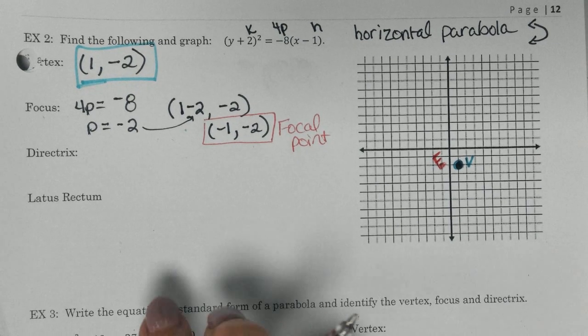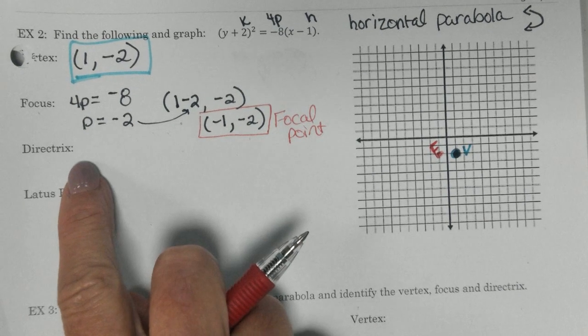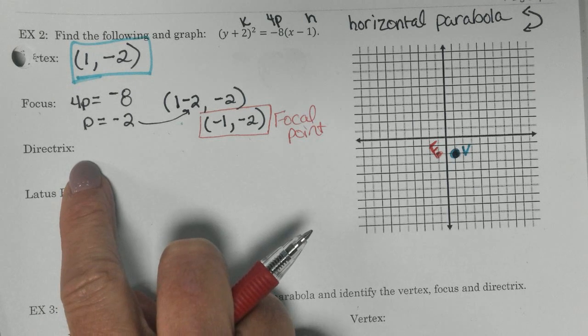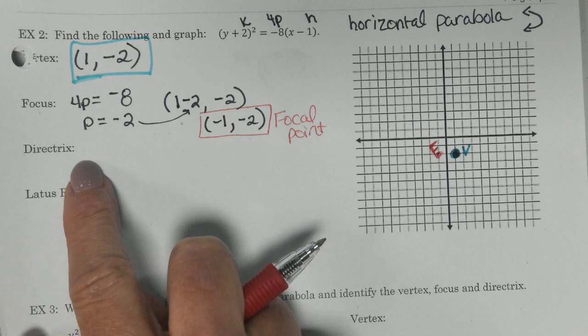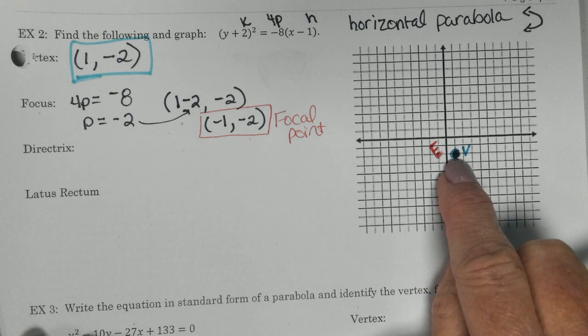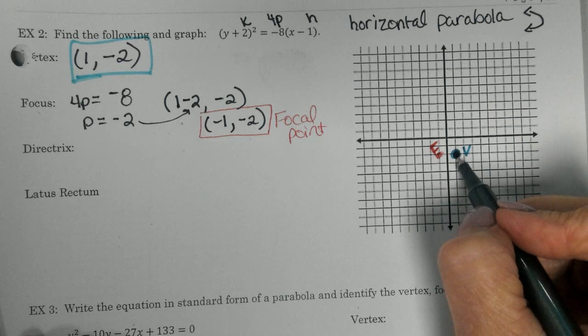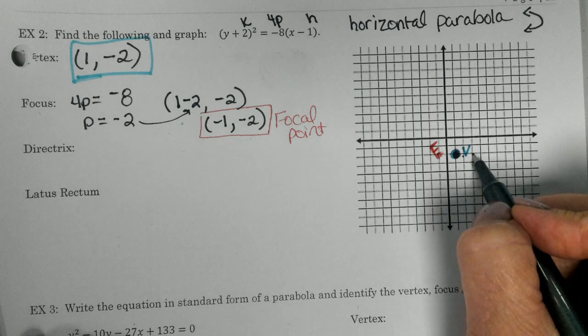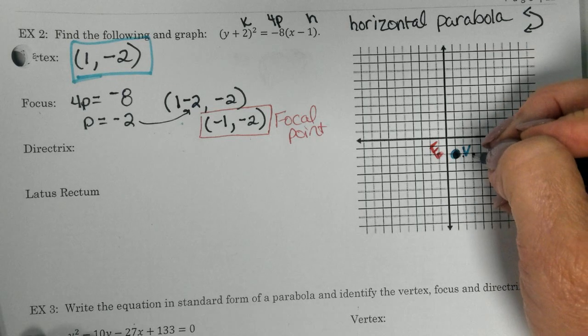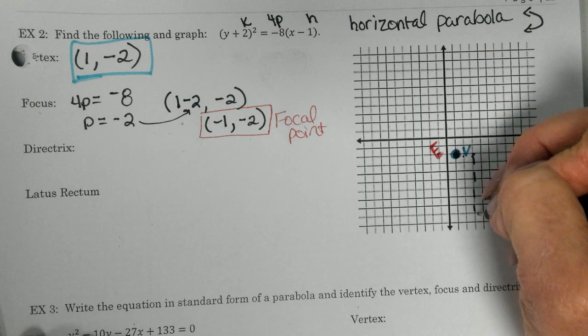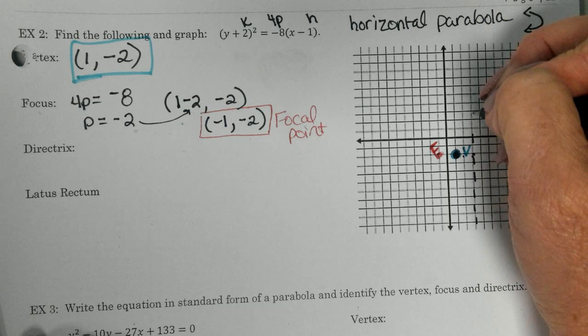All right, the directrix. Now, our directrix is going to be a line. And I'm moving the opposite direction from my vertex. So I'm going to be moving 1, 2, this direction. It's going to be a vertical line.